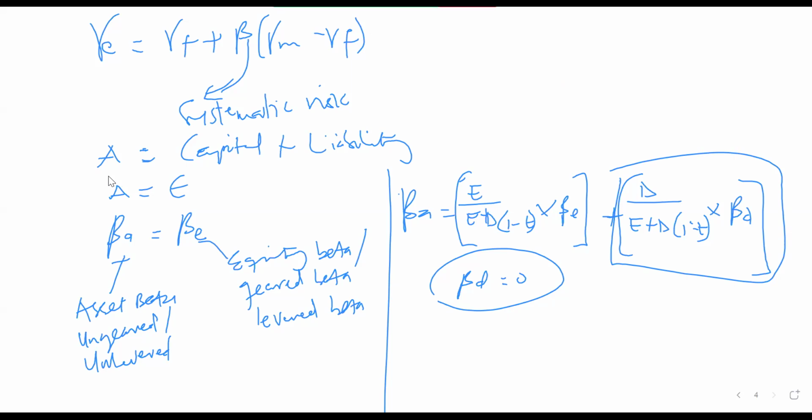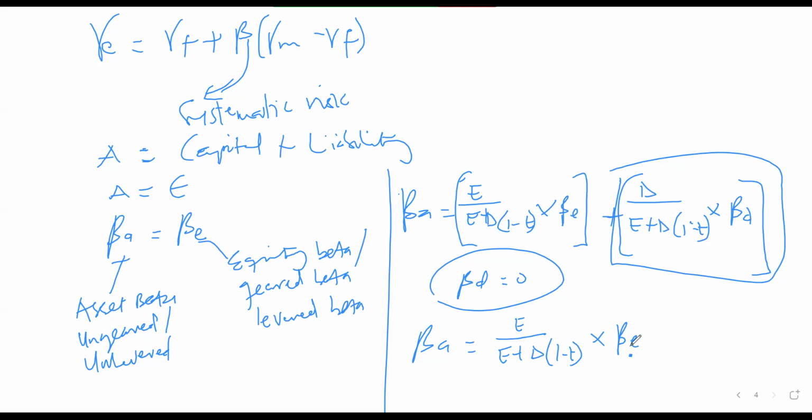Good. So if that becomes zero, then your asset beta is equal to E over (E plus D(1 minus T)) times your equity beta. What we actually want is the equity beta, and that is why we say you should calculate the geared or levered beta, because once you introduce debt, the risk to equity holders will increase.